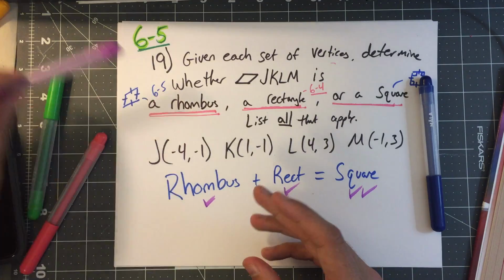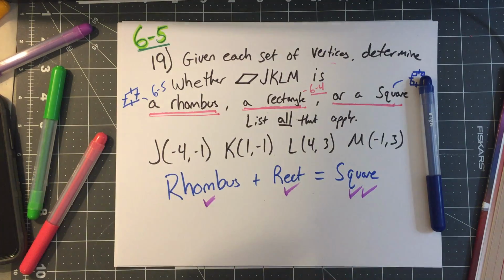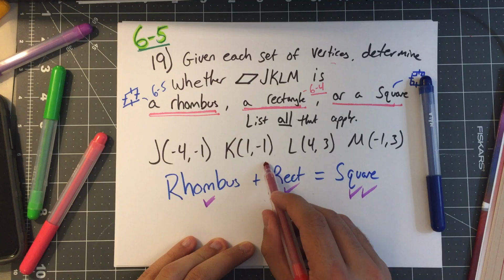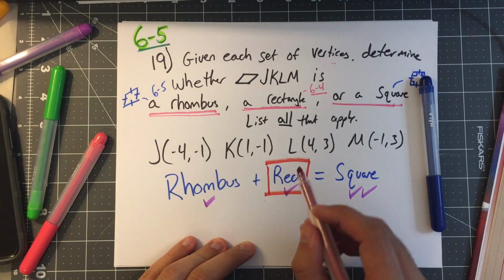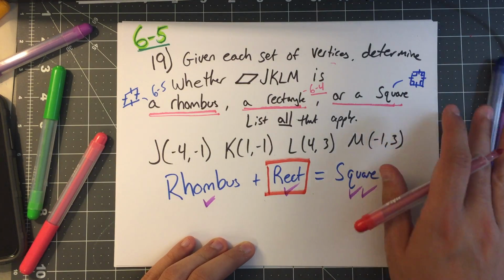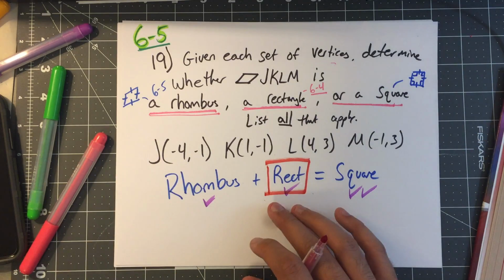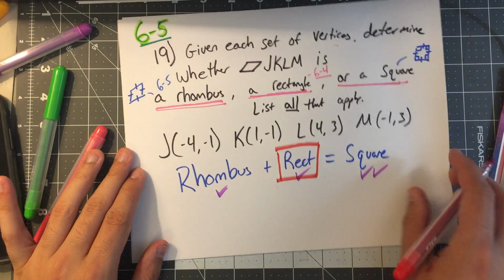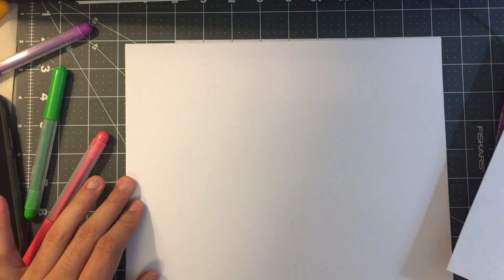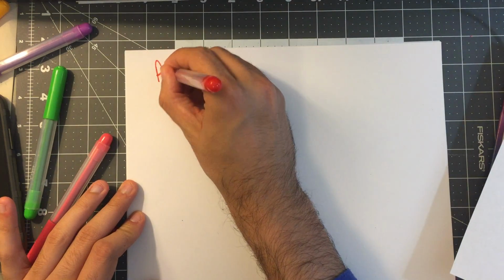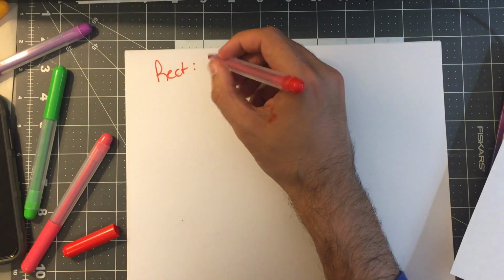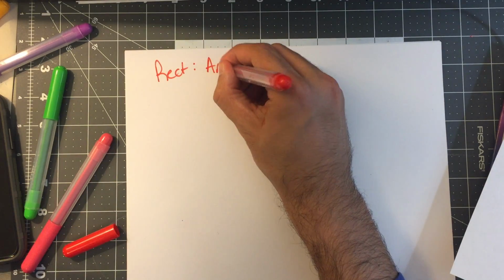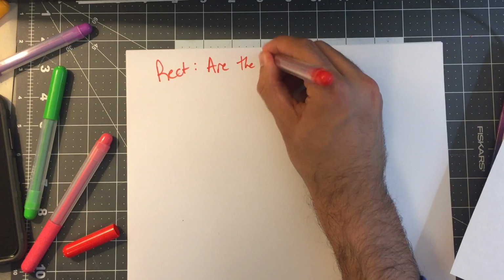The first one I'm going to do is the rectangle test. I don't have to do it in a certain order; I'm just picking this one because it's one of the earlier things we did. In order to be a rectangle, this is the only question we have to answer: are the diagonals the same length?